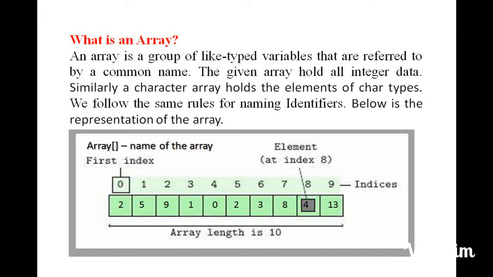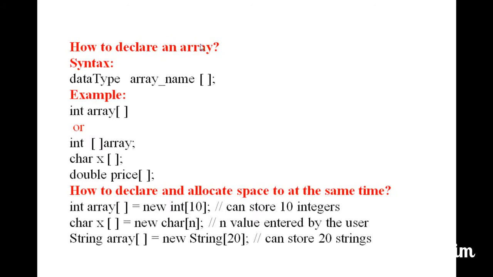In my last topic, that is Introduction to Array Part 1, I taught you what is an array, what are the different components of an array, how to declare an array.